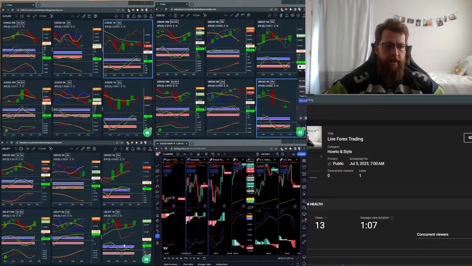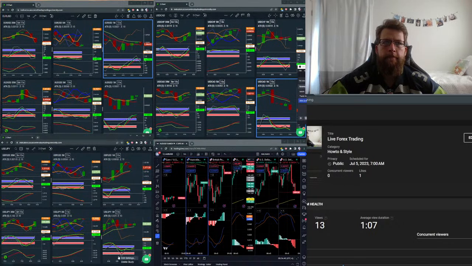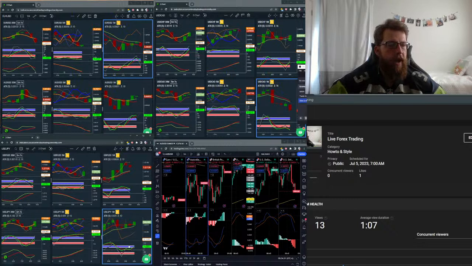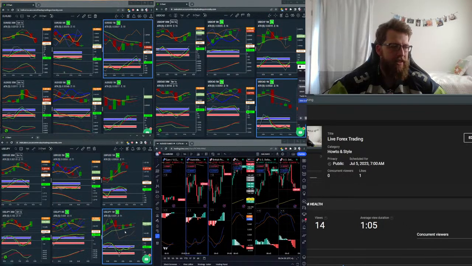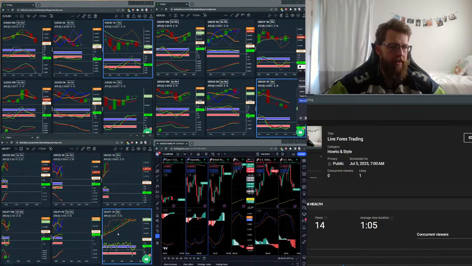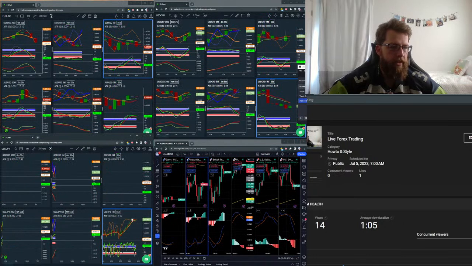And then we're using these TNTs as the signal to go in on the trade. Even if we, well, yeah, that's a pretty strong uptrend on the 1 minute.